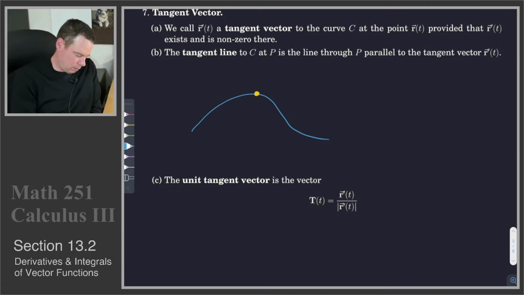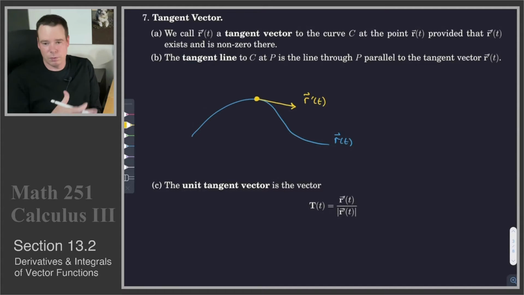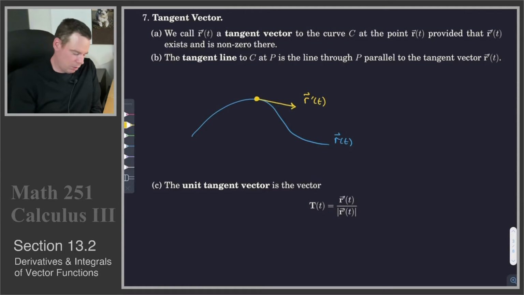And if this curve is given by a vector function r of t, then at this point on the curve we get tangent vector given by r prime of t for various values of t. As I move along, for each value of t I get a different point on the curve, and r prime of t for whatever value of t gives me that point, that gives me the tangent vector there. So this is the tangent vector at that point.